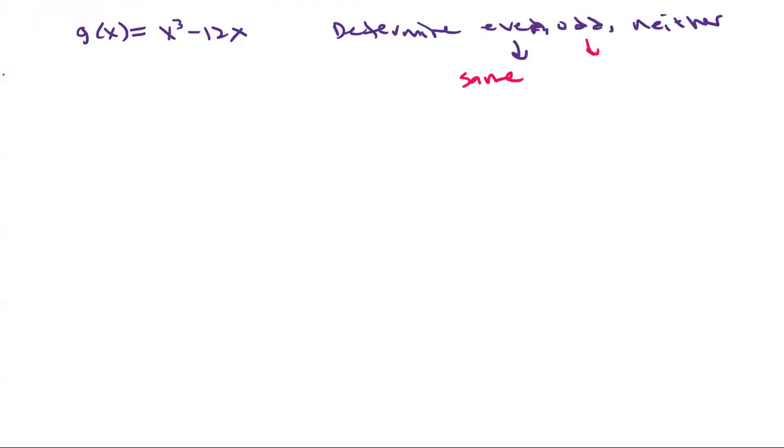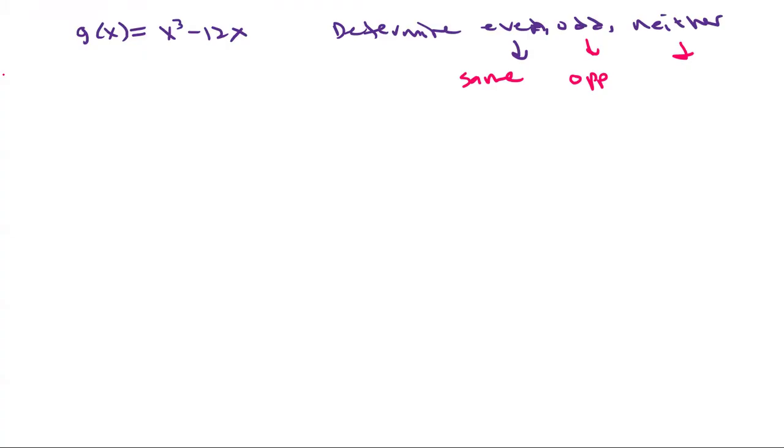If you get the opposite, if one was positive x and the result was a negative x, then you have an odd function. If it doesn't make any sense, then you get neither.